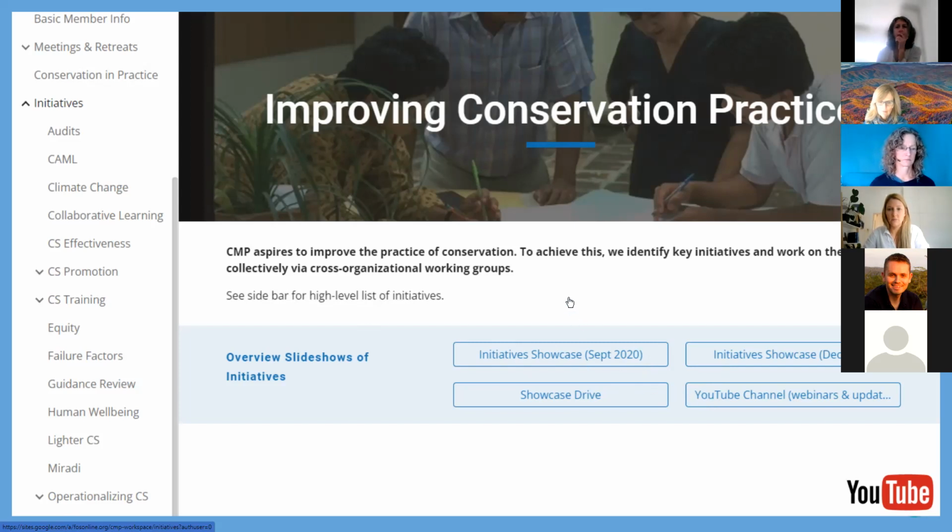And hopefully if you're on the CCNet listserv, you're also getting information about participating in these showcases and the conservation and practice sessions that CMP does every quarter. So we're really trying to widen the group and kind of increase the collaboration between CMP and CCNet.